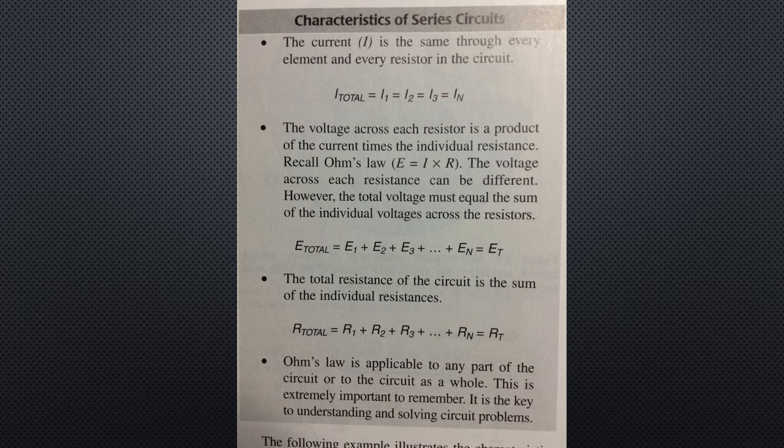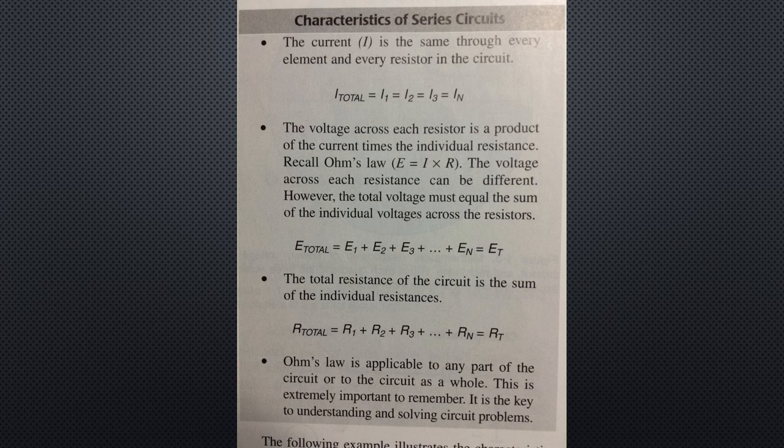Recall Ohm's law, where E equals I times R. The voltage across each resistance can be different. However, the total voltage must be equal to the sum of the individual voltages across the resistors. For example, E total equals E1 plus E2 plus E3, and so on.